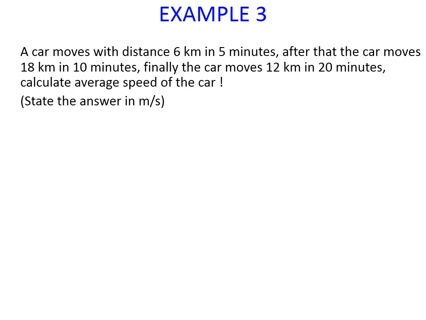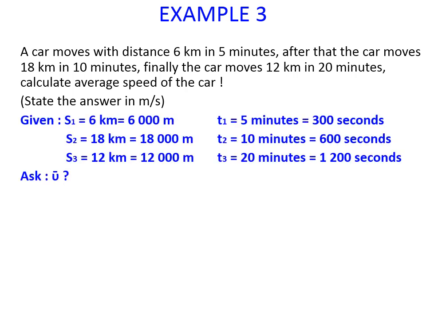From the problem, we can get the information, given S1 equals 6 kilometers equals 6,000 meters. T1 equals 5 minutes equals 300 seconds. S2 equals 18 kilometers equals 18,000 meters.